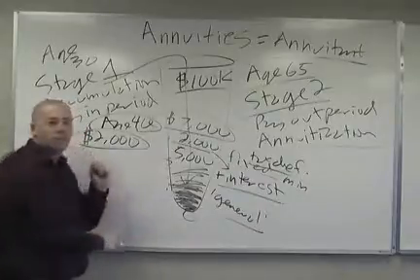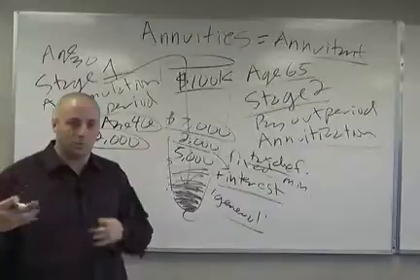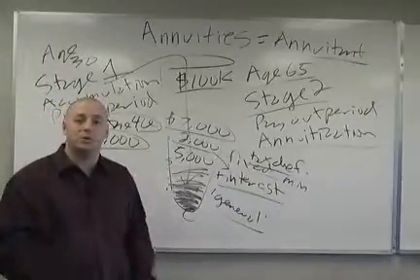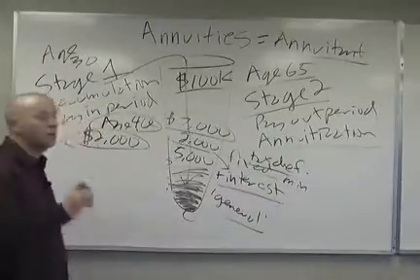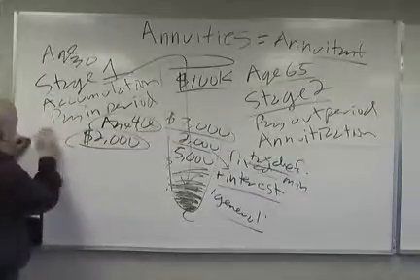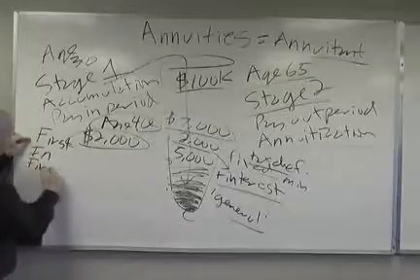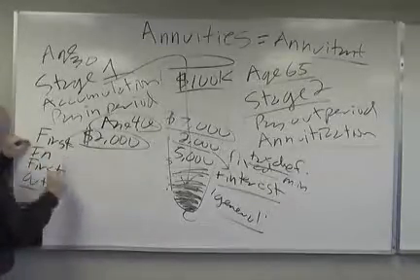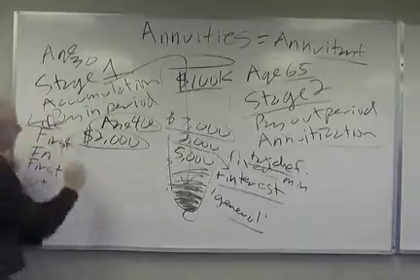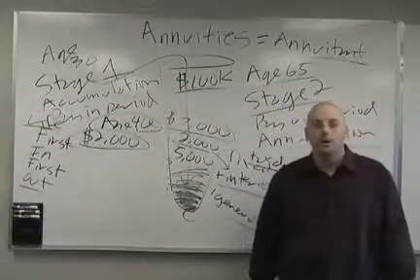Taxes related to withdrawals on annuities are taxed differently than withdrawals and taxes related to life insurance policies. Life insurance policies were taxed as first in, first out. This is for life insurance. So they call that FIFO, first in, first out.